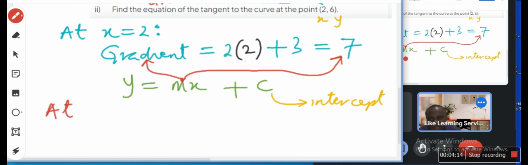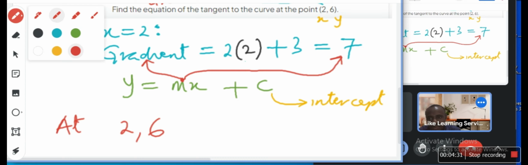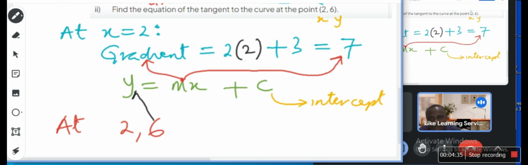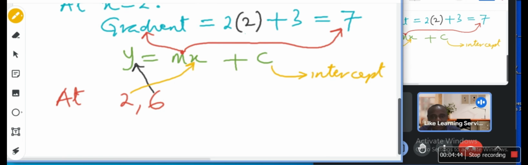At 2, 6, let me see the way I can write it so I can show you this. When you are reading it, you understand with it. At 2, 6, remember the 6 will go to y, while the 2 goes to x. Substitute all of those values.